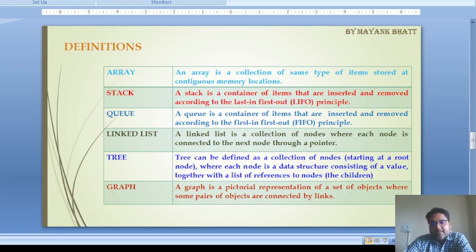Now the second is the stack. A stack is a container of items that are inserted and removed according to the last in first out principle. So what is the basic concept of that?